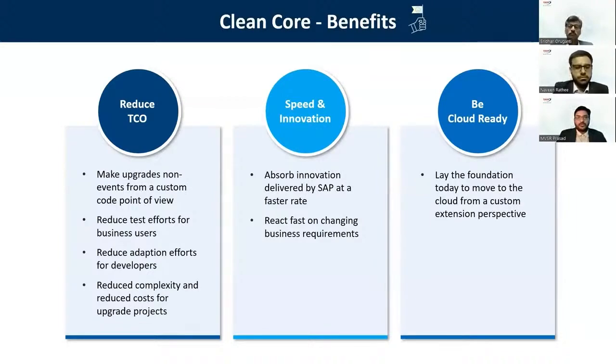Those also help with code readiness, and the production strategy effort becomes much less, because the DevOps applicability means the code is passed through different landscapes, from development to quality to production, through automation in an agile framework. That's where you can reduce the efforts of developers and the complexity. Whenever you upgrade your core system, you don't need to worry about the custom objects. So the ultimate tagline is reduce TCO.